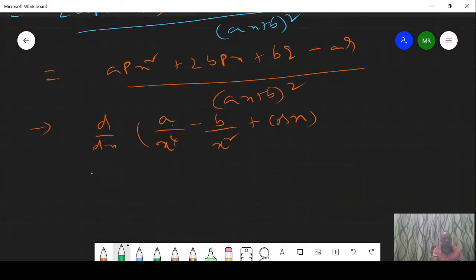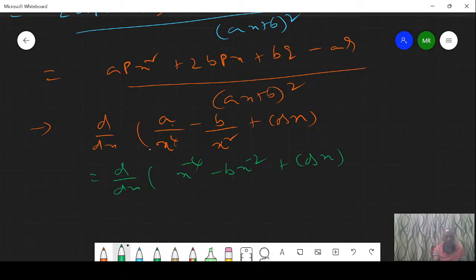When doing this problem, we'll rearrange this. d by dx of a into x power minus 4, minus b into x power minus 2, plus cos x, I can write.